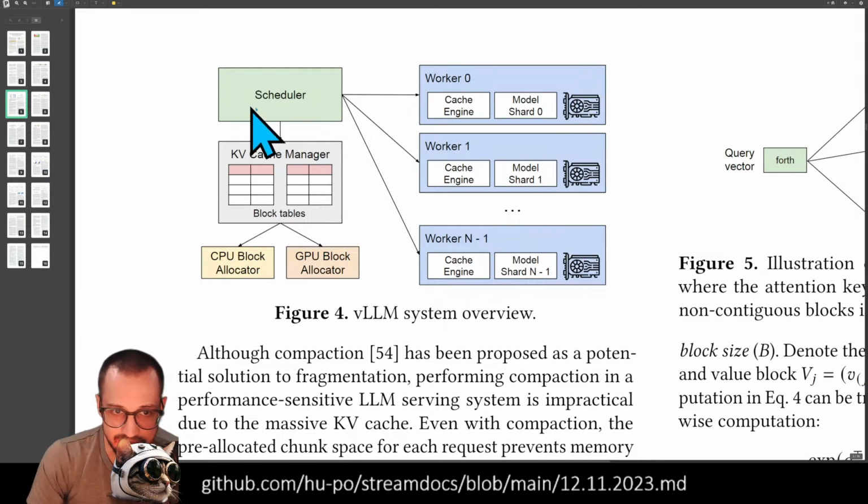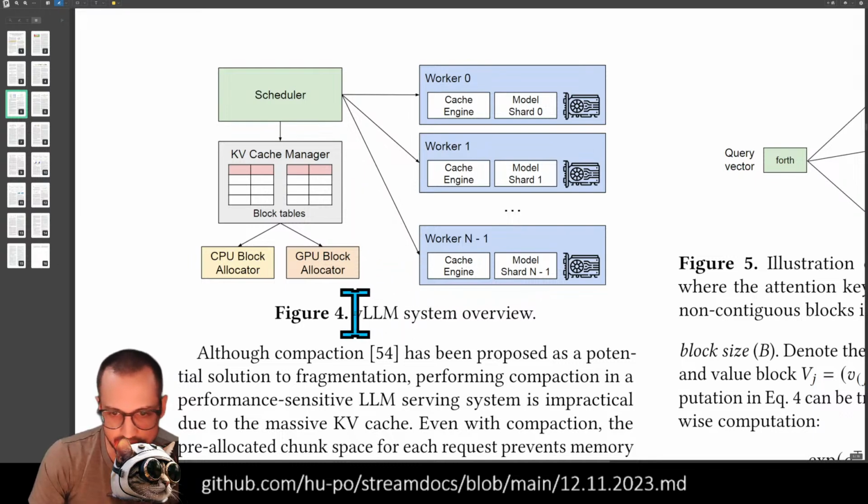And you can see here how there's this scheduler now. The scheduler has access to the GPU memory and the CPU memory, and it's being clever about the KV cache and saying, okay, this worker 1 only has this part of the model, therefore I don't need to give it the entire KV cache. I probably only need to give it a subset of the KV cache, right?